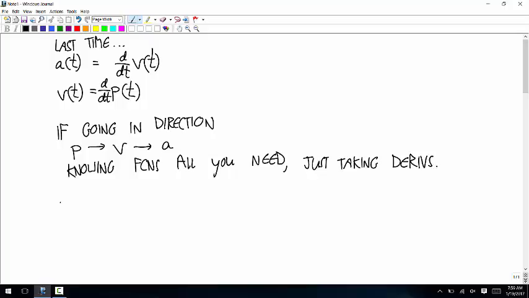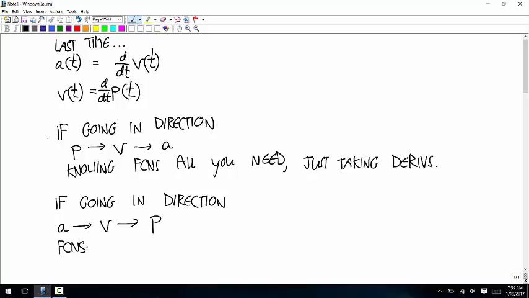But if you're going in the direction from acceleration to velocity to position, the functions aren't enough. You also need to be able to solve for those constants of integration.